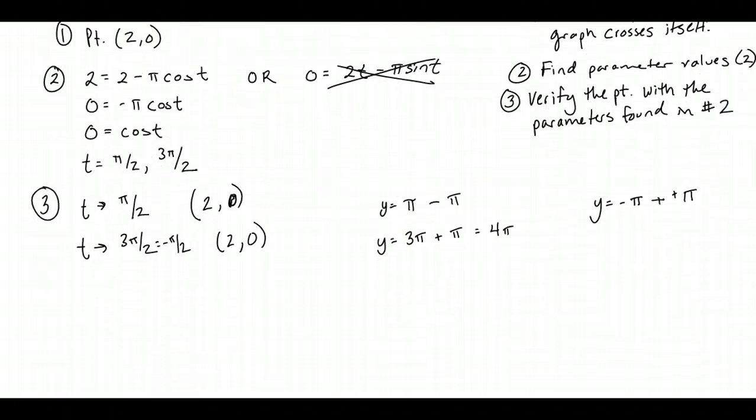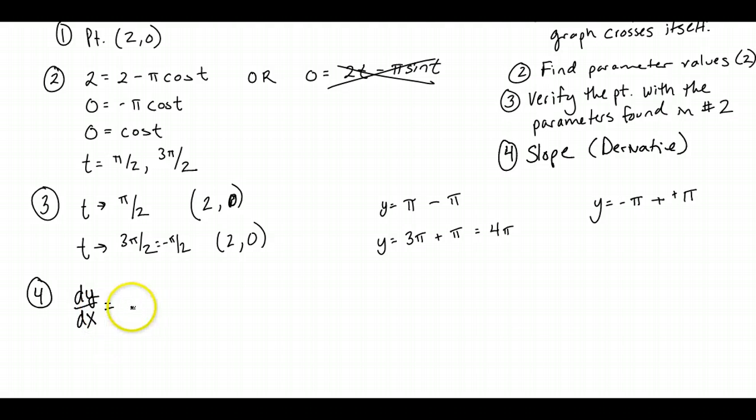All right, so we found our parameter, we found our slope, we found our point. Now, number 4, we better find our slope. Well, we know we can get our slope from the derivative. So for number 4, when we take our slope, we have change in y over the change in x.